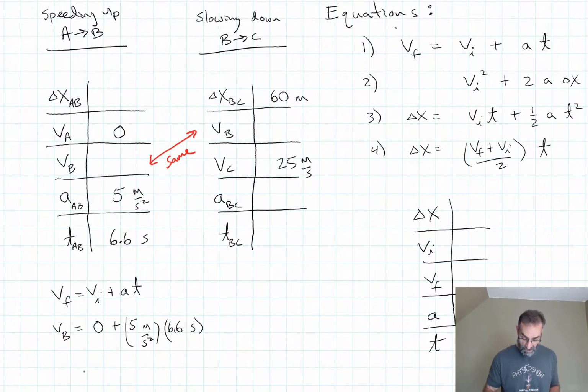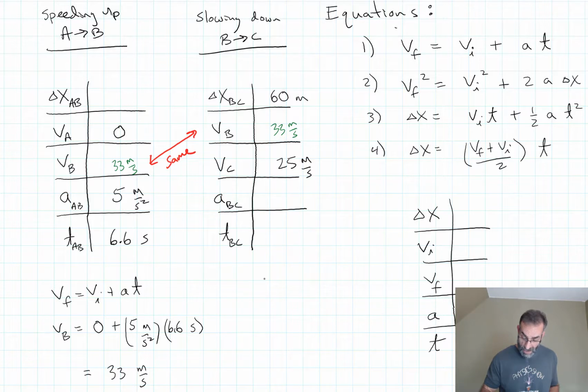And we get our final velocity, 33 meters per second. So now we can plug that in. This is now, we know, I'll write it in a different color. 33 meters per second. While we're at it, we can solve for delta x AB.